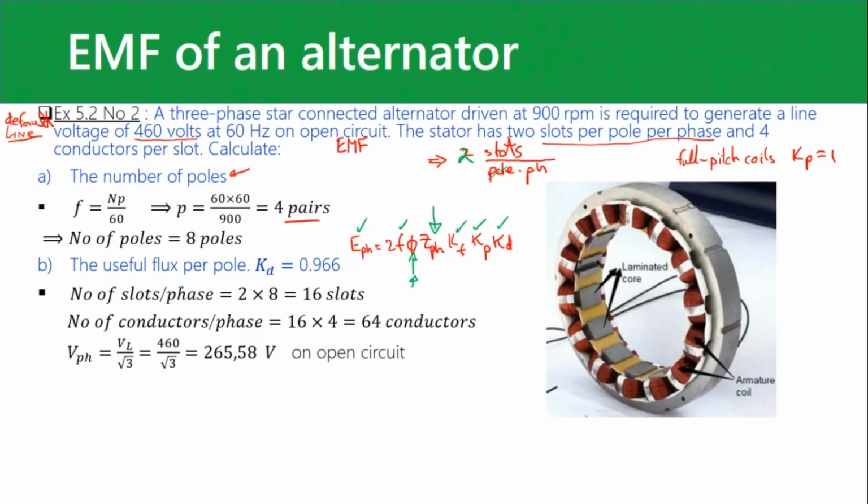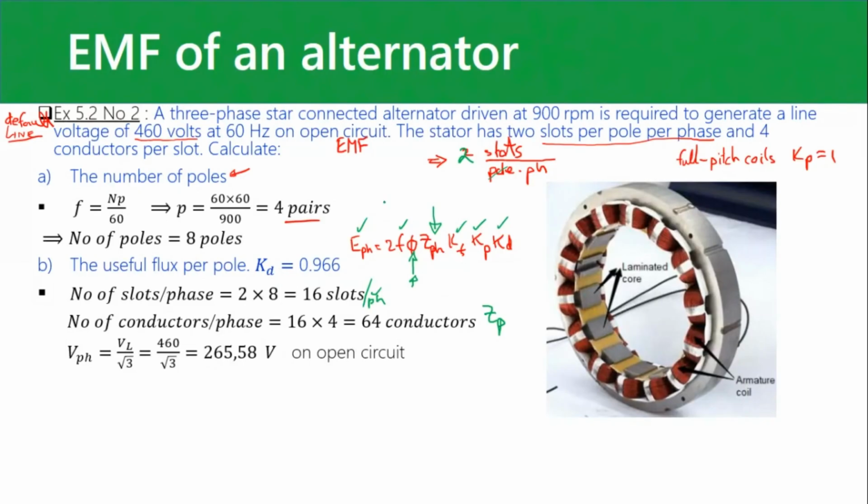So the number of slots per phase is 2 times 8 poles, which is 16 slots. Then the number of conductors per phase, because there are 4 conductors in every slot, is 64 conductors. So this is my ZP.